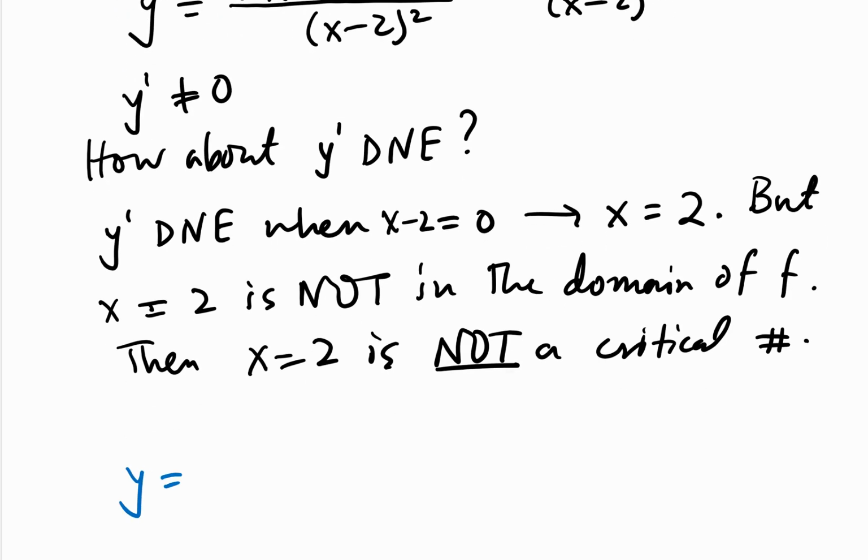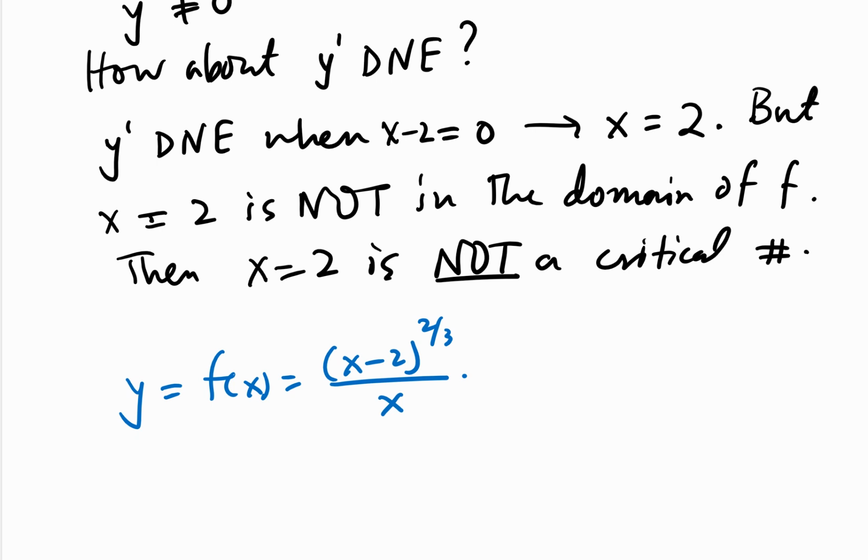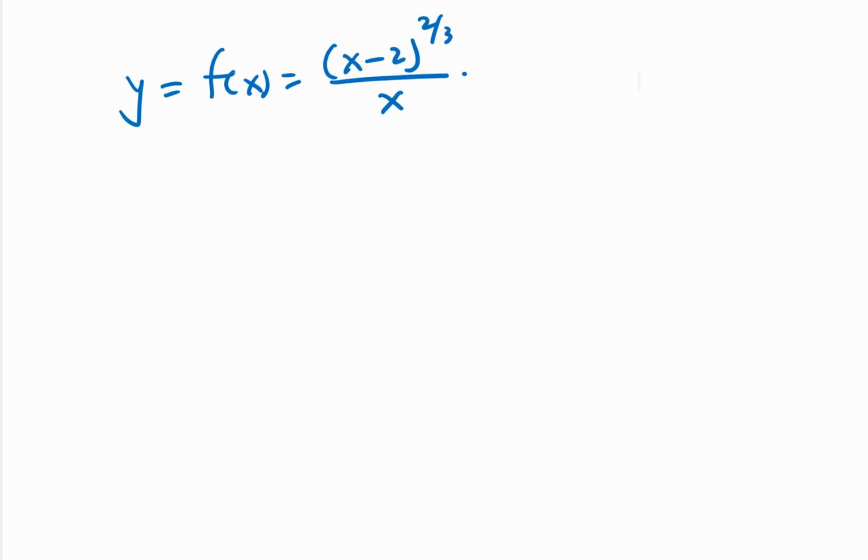I have another example. y equals f of x equals x minus 2 to the 2/3 over x. Always we need to find y prime and see when is y prime 0 if it's possible, and when it does not exist if possible. So try finding the derivative for this function, please. So we're going to find the derivative using the quotient rule.